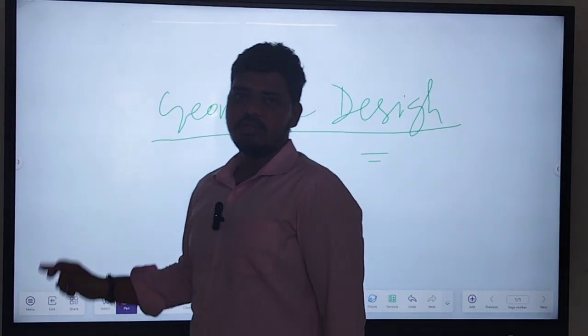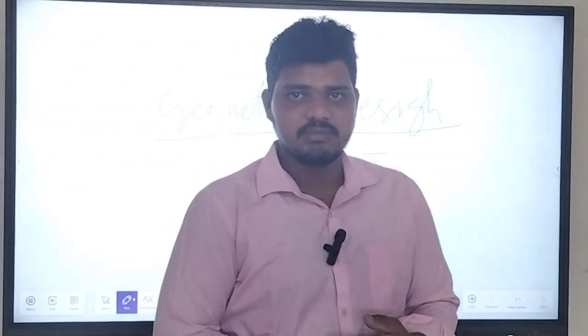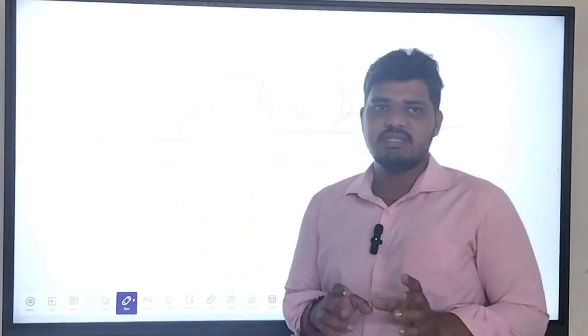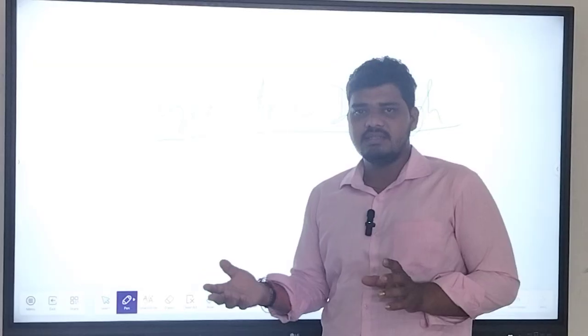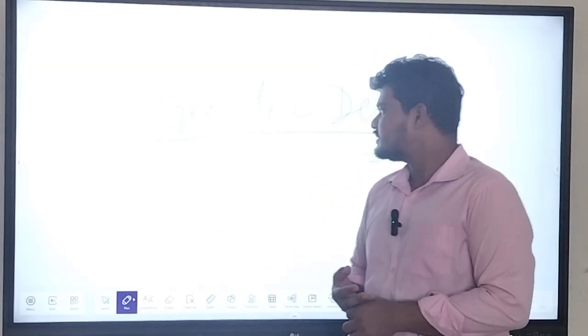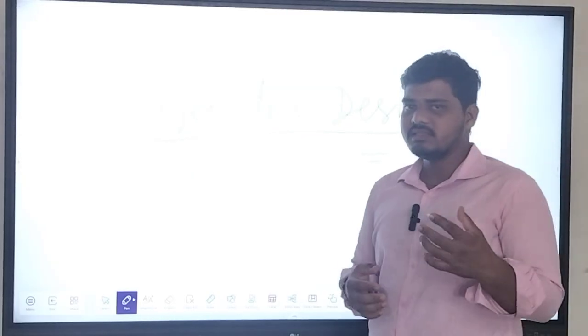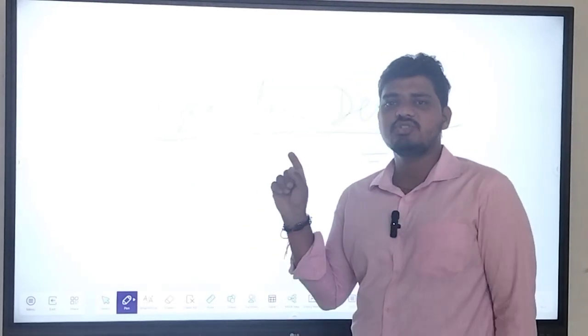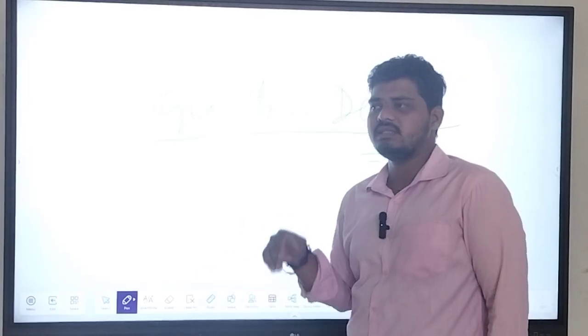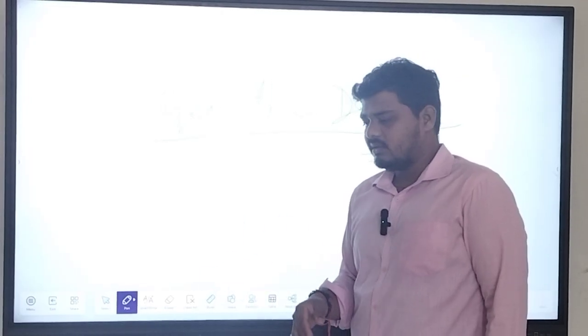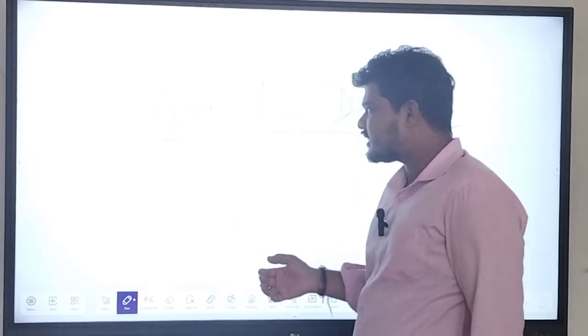In geometric design, we will study the sight distance. Sight distance means all visible features we see with our naked eyes. That distance is sight distance. In sight distance, we study stopping sight distance, overtaking sight distance, intermediate sight distance, headlight sight distance, etc.